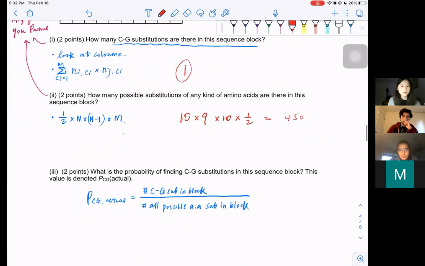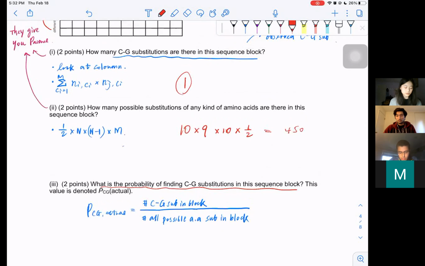All right, so number 3, what is the probability of finding CG substitution in the sequence block? This is asking for P actual. I think you should really just memorize this by memorizing this statement: the probability of finding CG substitution in a sequence block means P actual, which means the observed frequency.